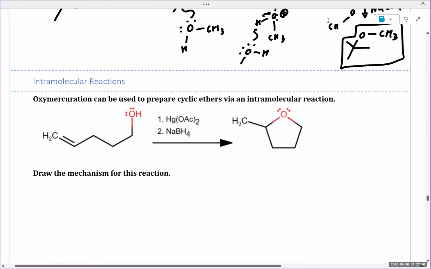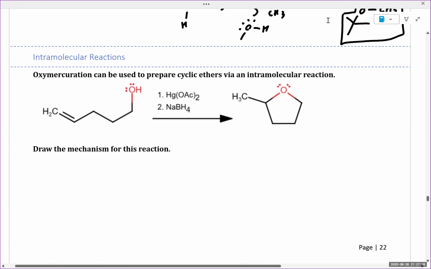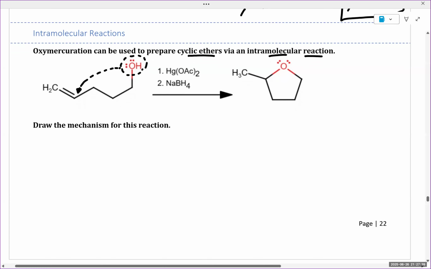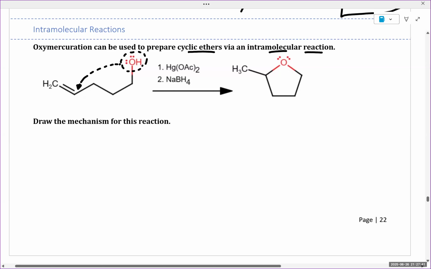Another variation of oxymercuration is an intramolecular variant, where it can be used to prepare cyclic ethers via an intramolecular reaction. So in this case, we have an internal nucleophile, such as this alcohol, and it's being used to form the following carbon-oxygen bond. Let's draw a mechanism for this reaction.